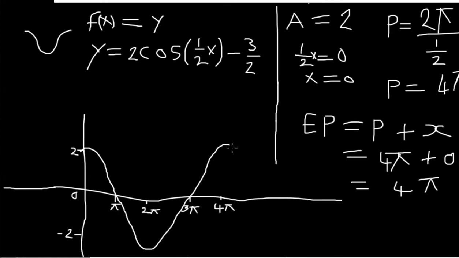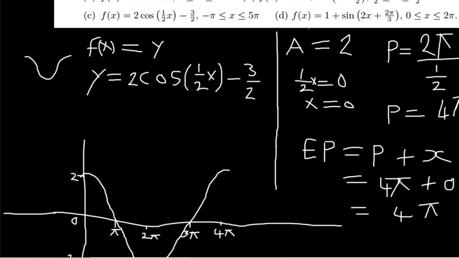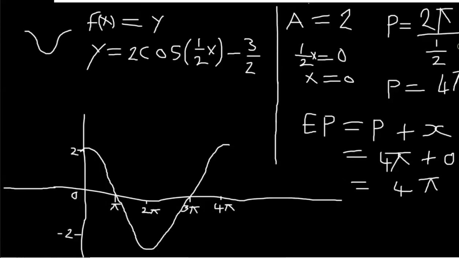That I have. And then remember that I was told to say my domain. I know most of you are thinking about this, but don't worry, we'll look at it. I just want to show you the simplest way of doing this instead of complicating things. And then the domain is from negative pi to 5 pi.